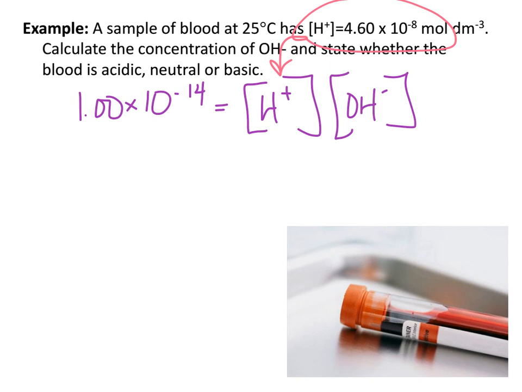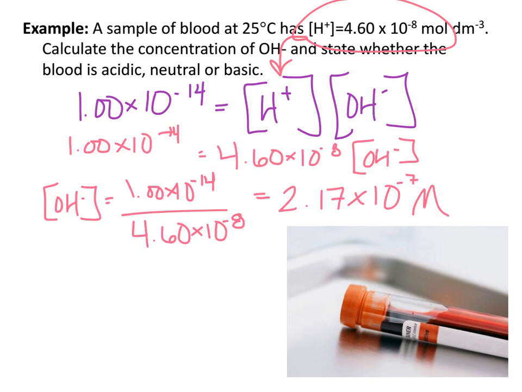Next, we'll use the formula where the ion concentrations are multiplied to be equal to the Kw, and knowing that the Kw is 1 times 10 to the -14th, we can set up this formula, and then the next step is to plug in the hydrogen ion concentration and solve for hydroxide. So when you plug in and do that division, you get 2.17 times 10 to the -7th molarity.